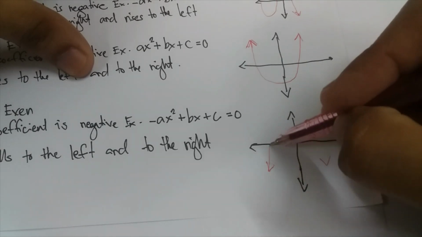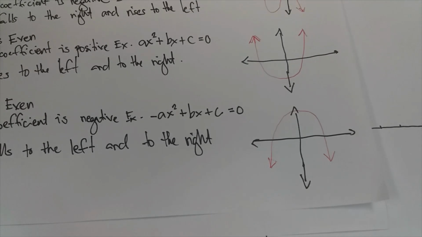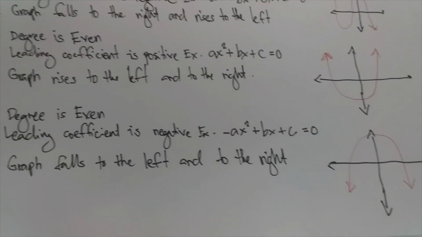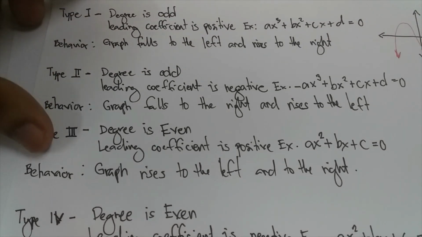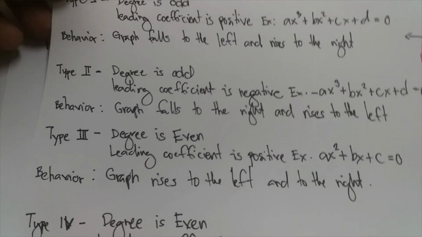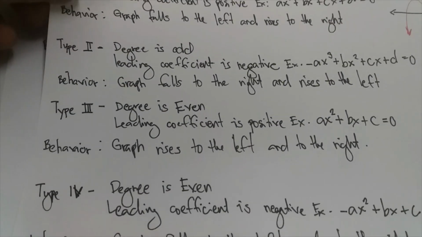So more likely it looks like this. Those are the types in graphing of polynomial functions. These are the behaviors: type 1, type 2, type 3, and type 4.